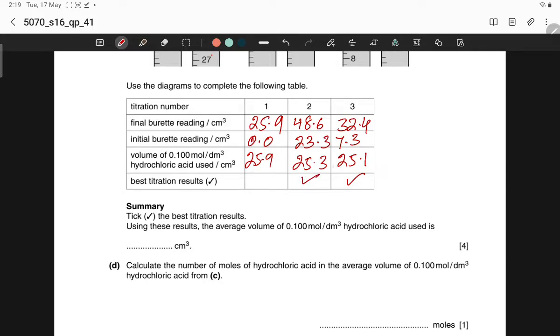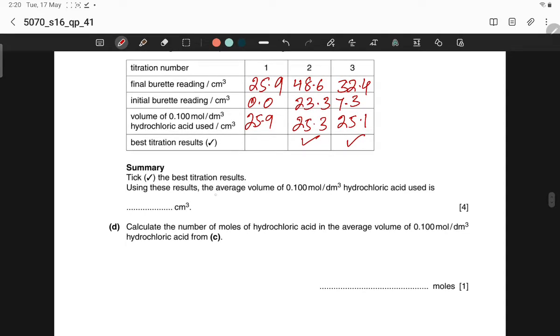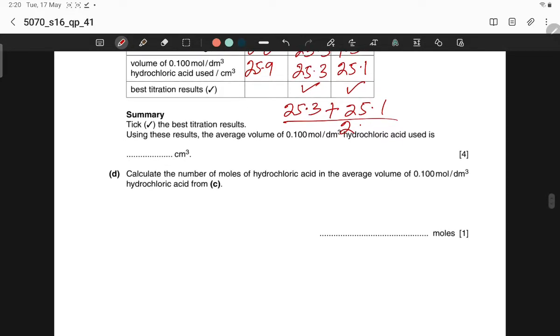There is little difference between 25.1 and 25.3, so we have taken the two readings which have the smaller difference. Use these results. The average volume is 25.3 plus 25.1 divided by 2, so this is 25.2.